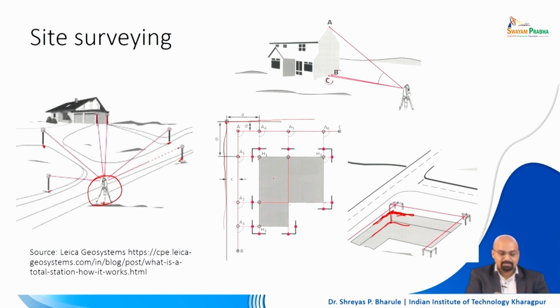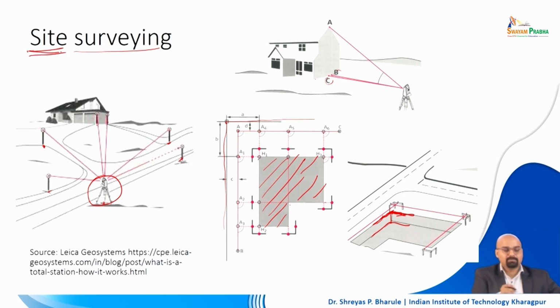So, the hatched area, the area which is darker here in this particular part, you can draw and identify, which will become your pit for your construction, right. So, that is why surveying is very important and it is directly linked to your site, right.